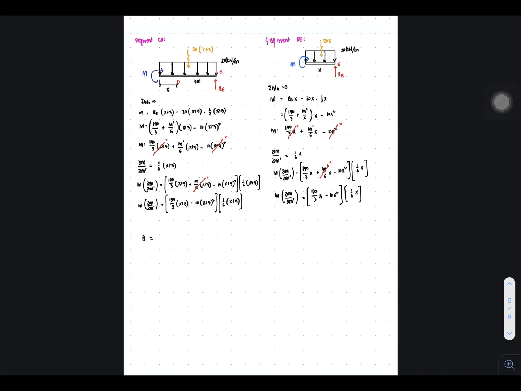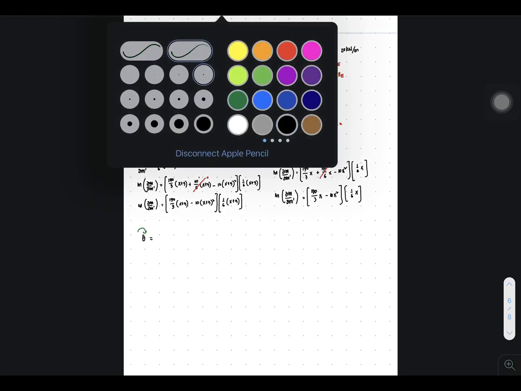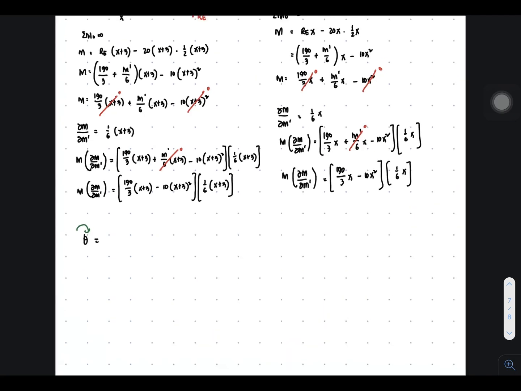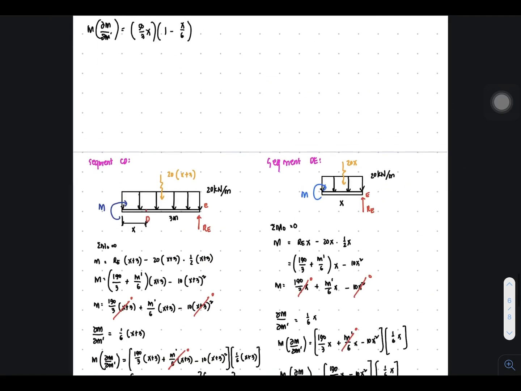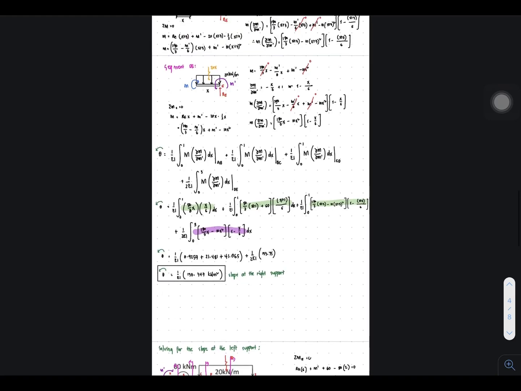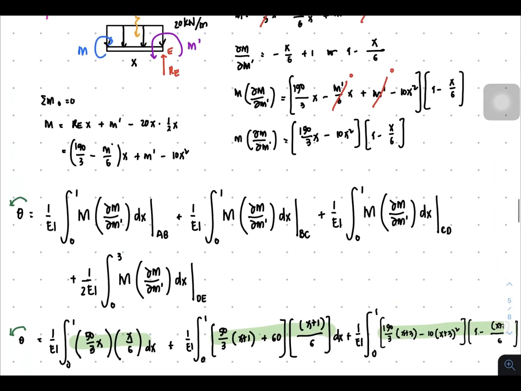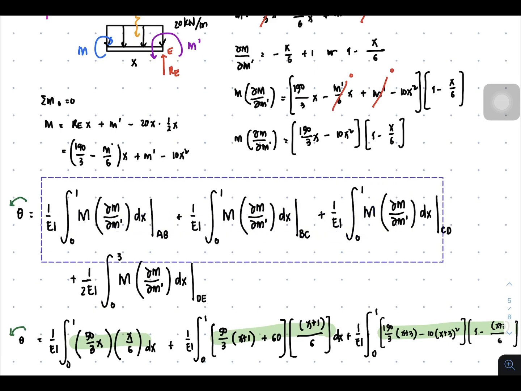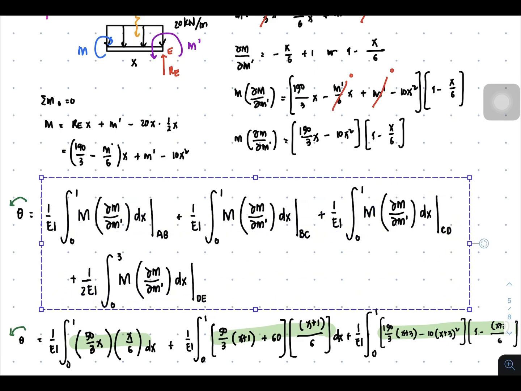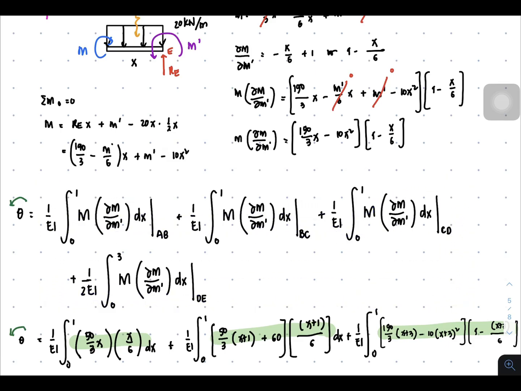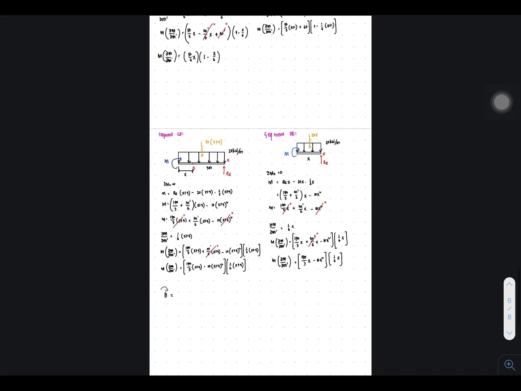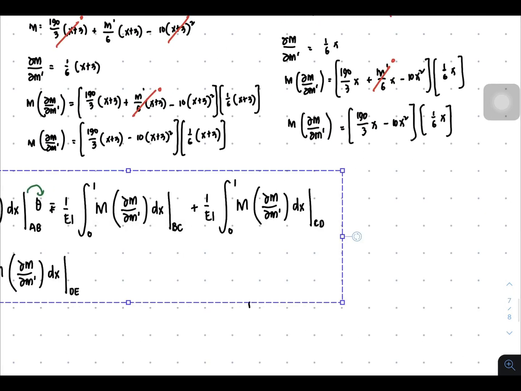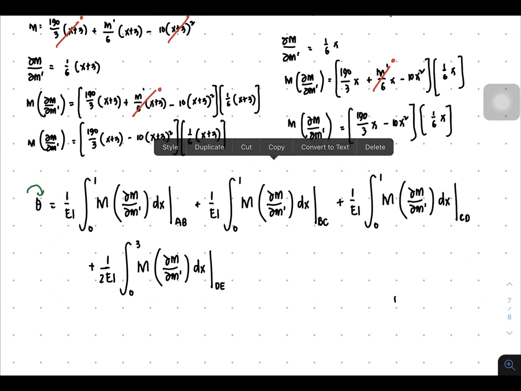So this time we will be getting now the slope, and we assume that the rotation would be like that, and it's going to be the integral of all the segments. So let's just copy this portion here since they are just the same. There.